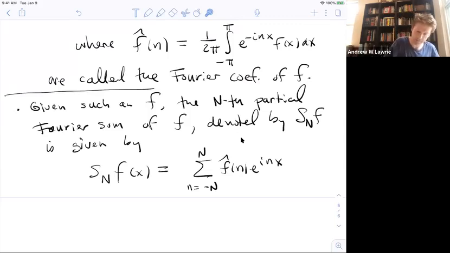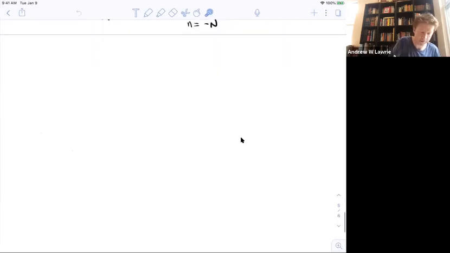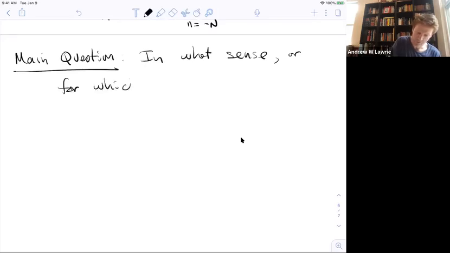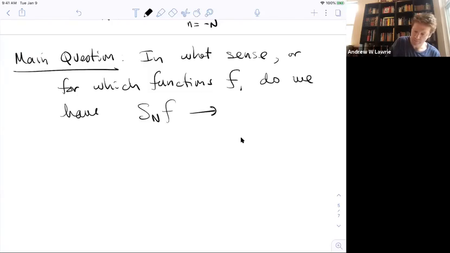So the main question: in what sense, or for which functions f, do we have S_N f of x converging to f?